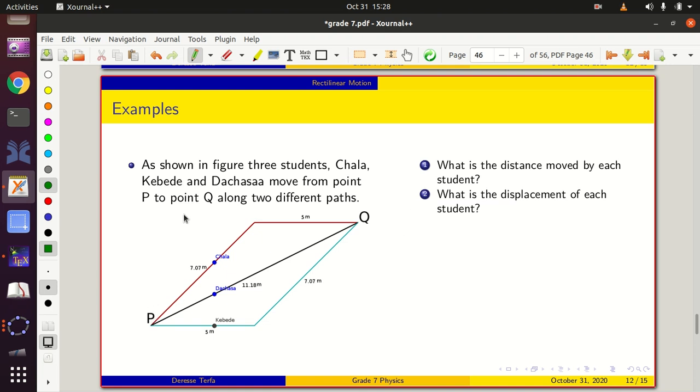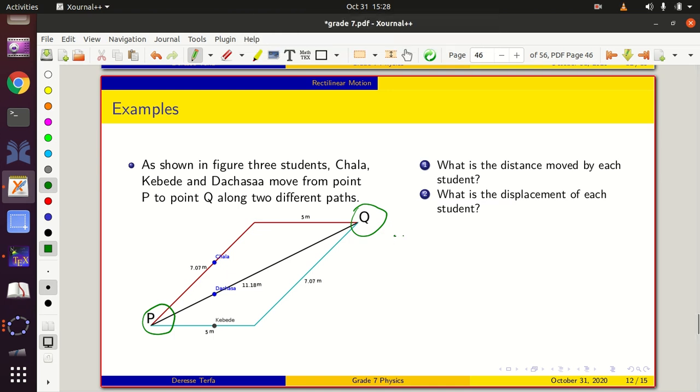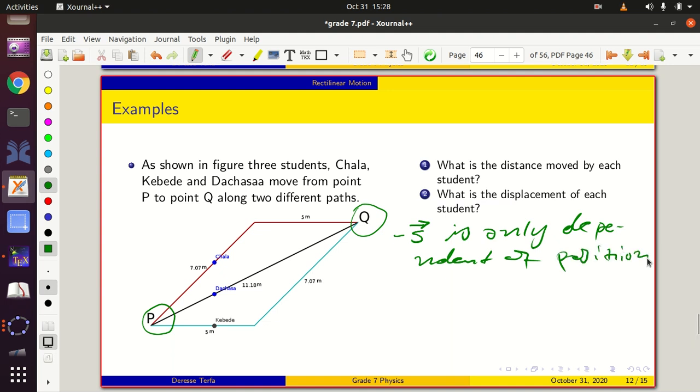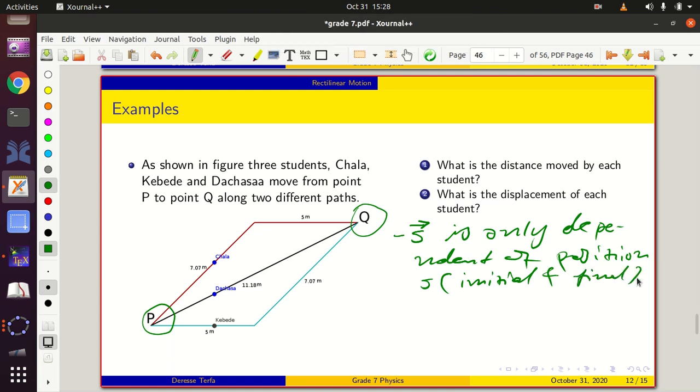We said displacement is only dependent on positions, that means initial and final position.